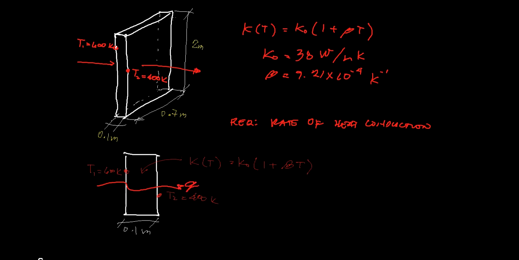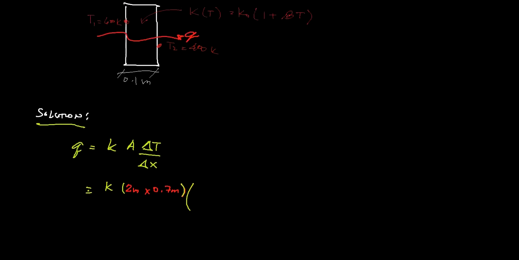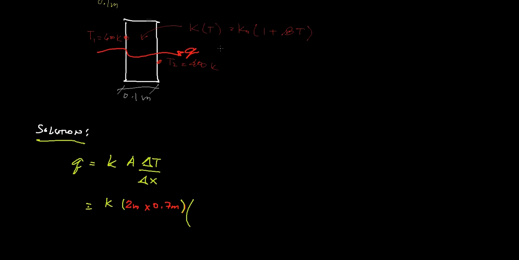So the surface area is 0.7 by 2 meter. And our delta T, the change in temperature, is given by this initial condition, 600 K and 400 Kelvin.